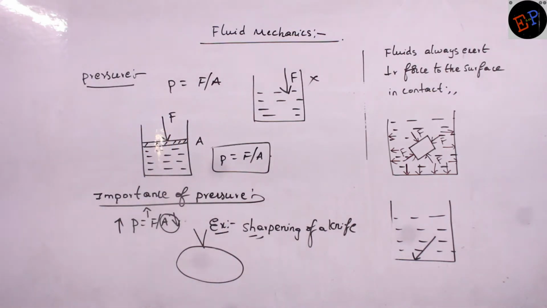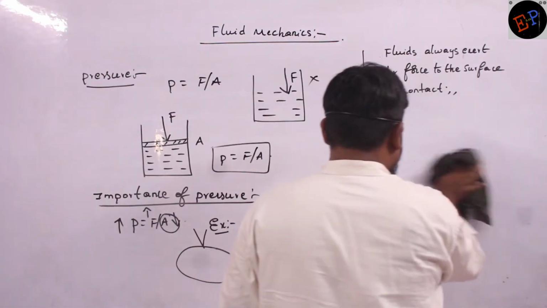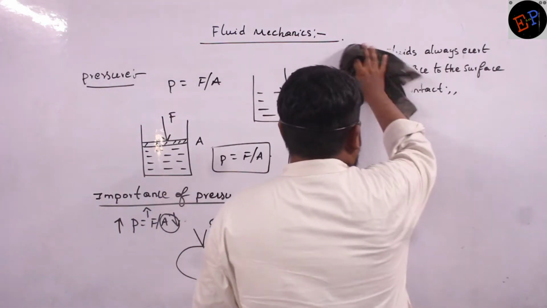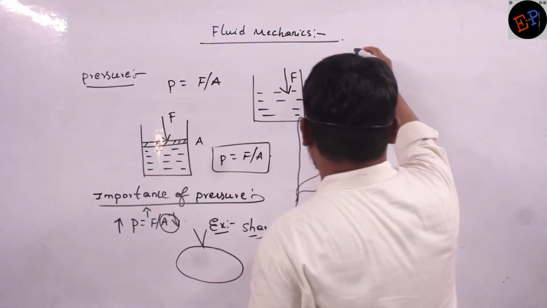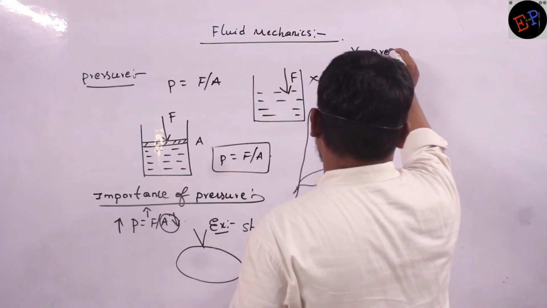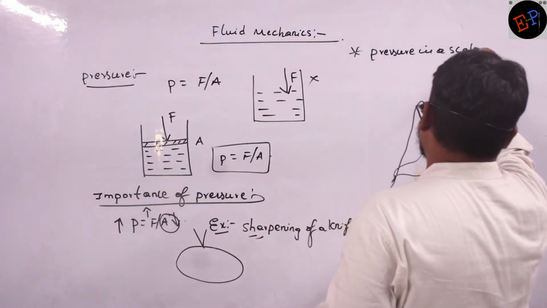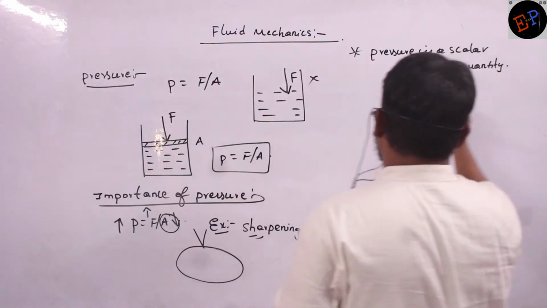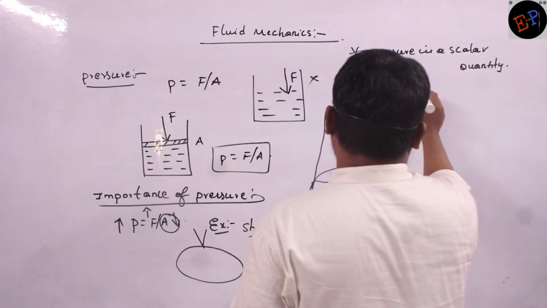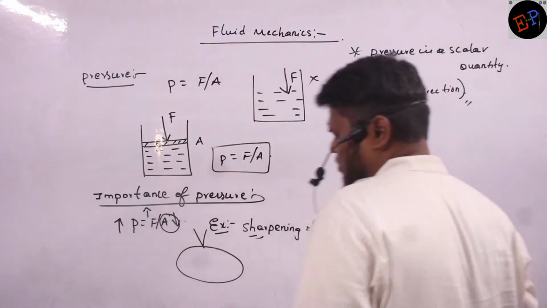One more point which we should observe carefully is that pressure is a scalar quantity, not a vector quantity. So what is meant by scalar quantity? It does not have any particular direction, or you can say that pressure does not depend upon direction.